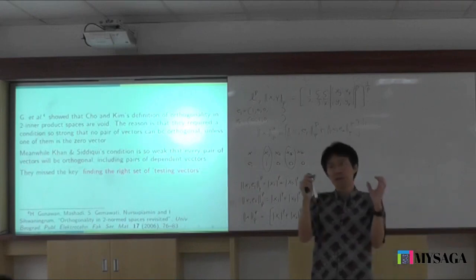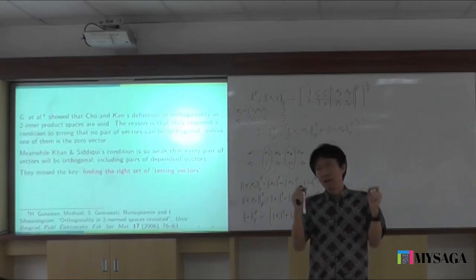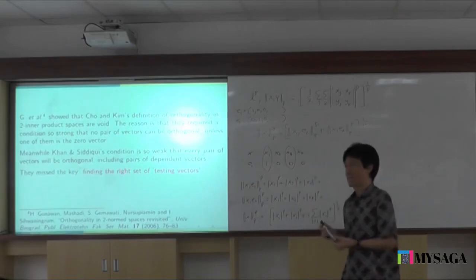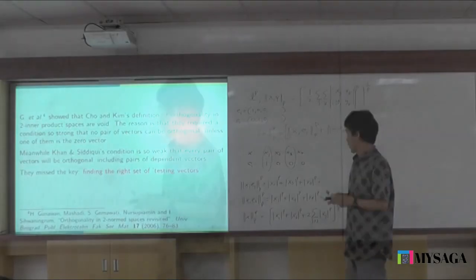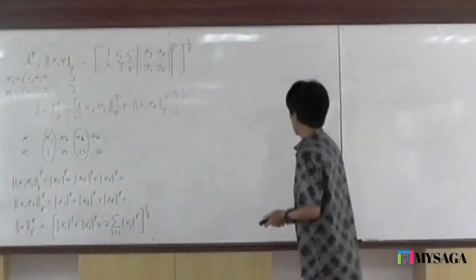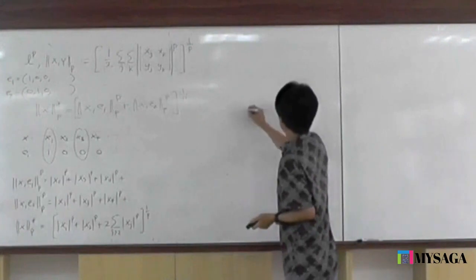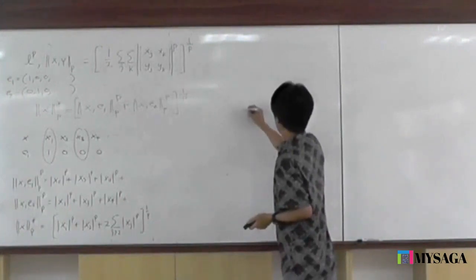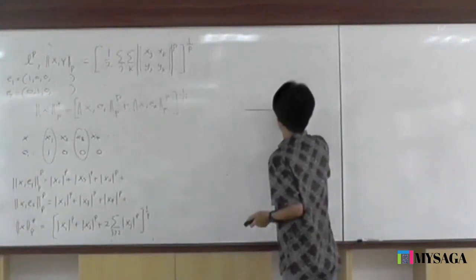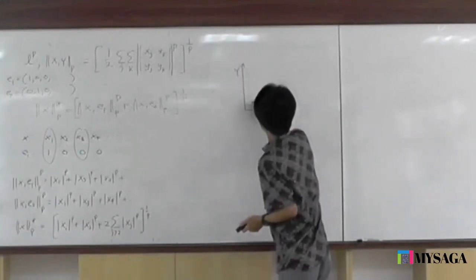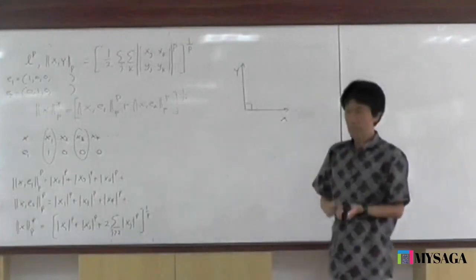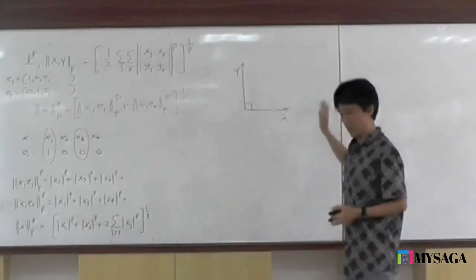You have to have the right number of testing vectors. That is the key. So imagine I'll draw a picture here. You know these are orthogonal, right? Okay, my picture may not be good. But that's in two space.